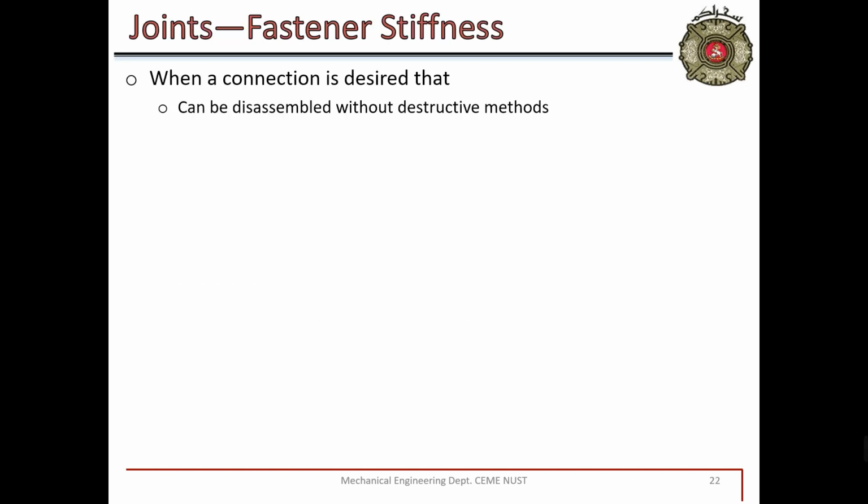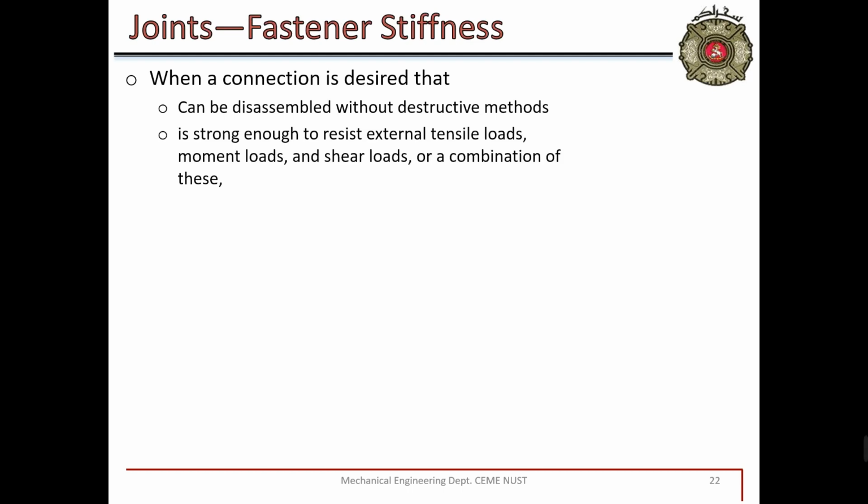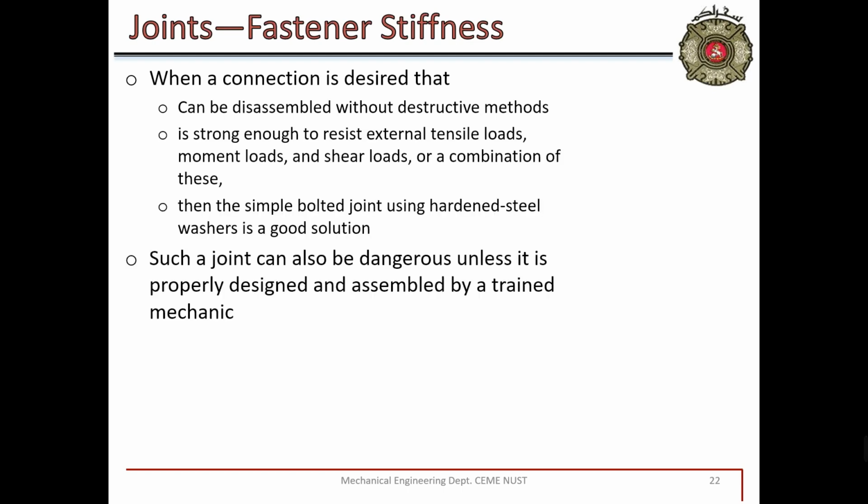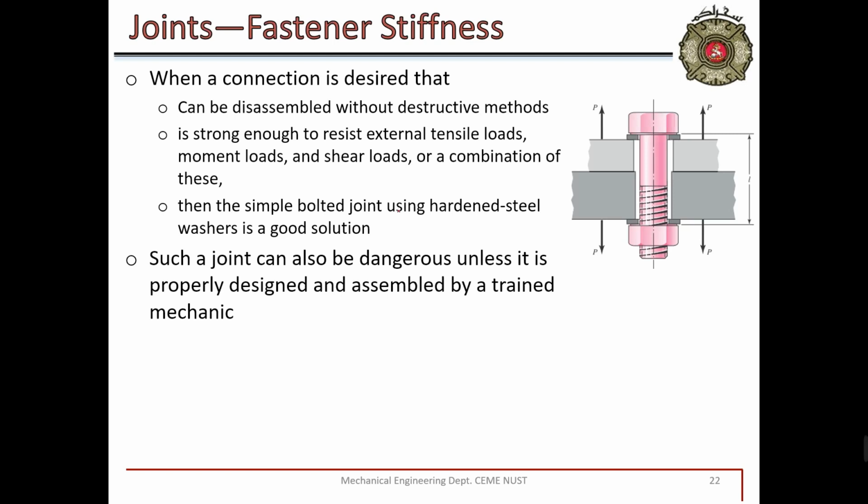Then the main topic was joint stiffness. Why do we need stiffness? As load is applied on bolts as well as members, some portion of the load will be borne by the bolt, and some will be borne by the members. We have no direct method to calculate FB and F member.